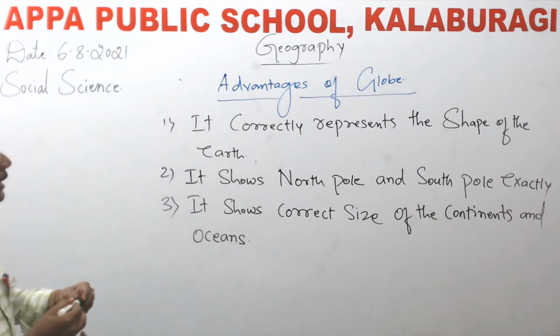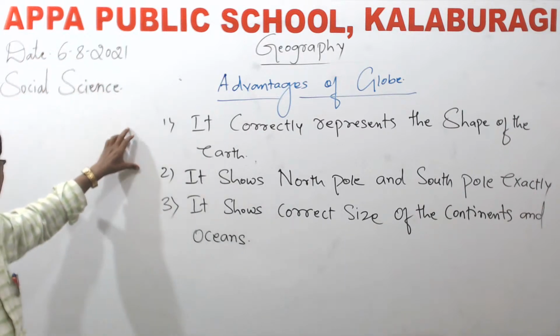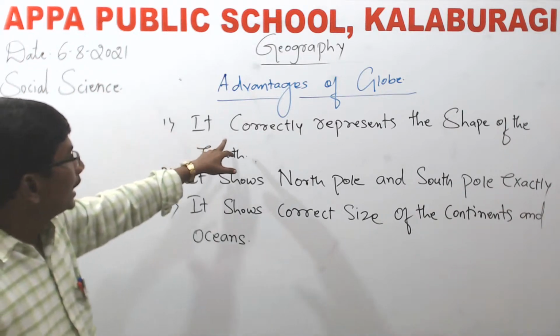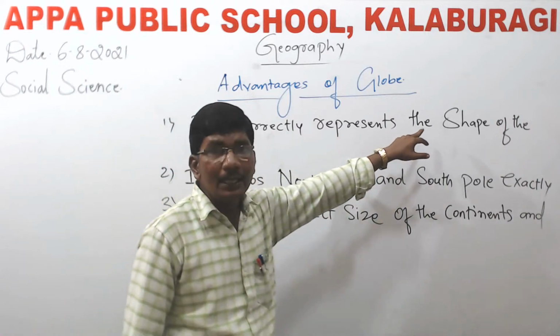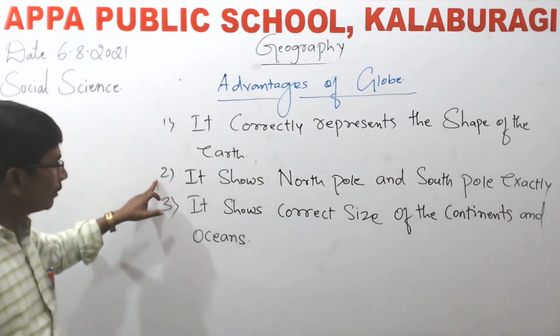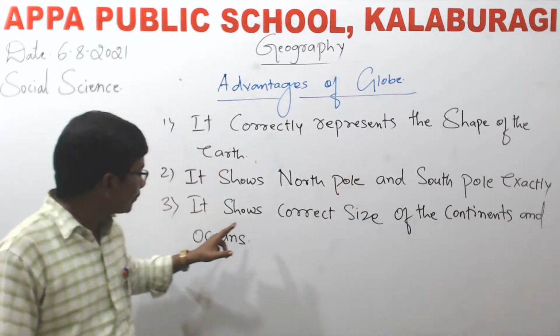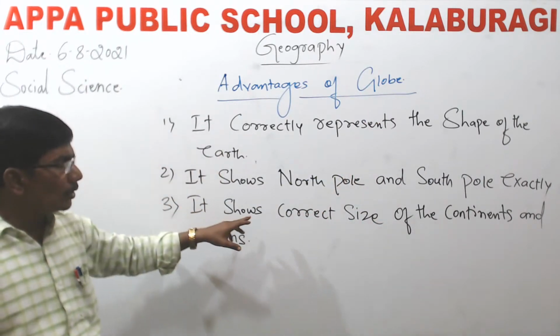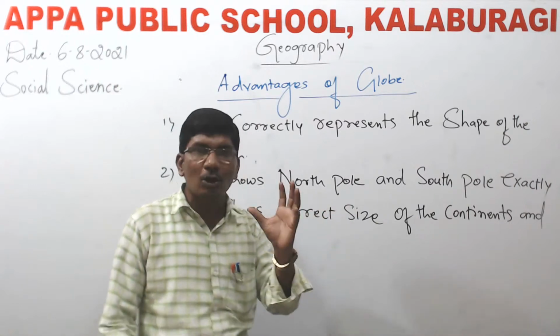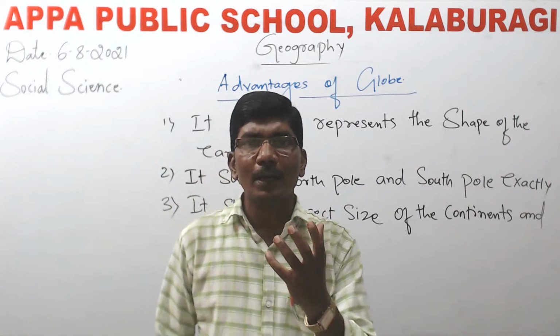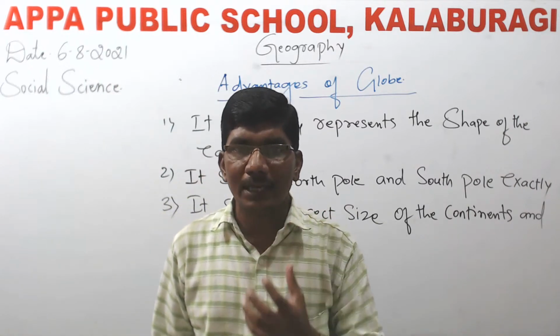Okay. So these are the advantages of the globe. Which are those? It correctly represents the shape of the earth. Second, it shows the north pole and south pole. And third, it shows the correct size of the continents. You know very well that there are 7 continents in the world.